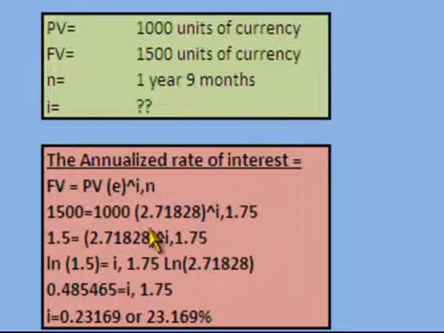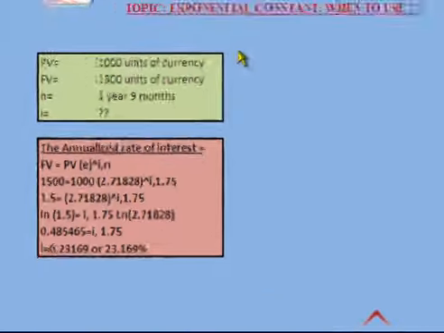Now to solve this equation for I, we can calculate the annualized rate of interest equals 23.17% approximately.